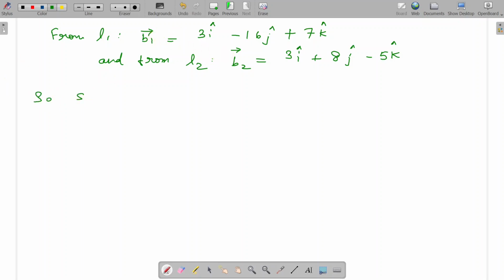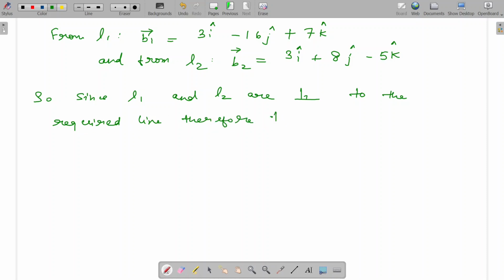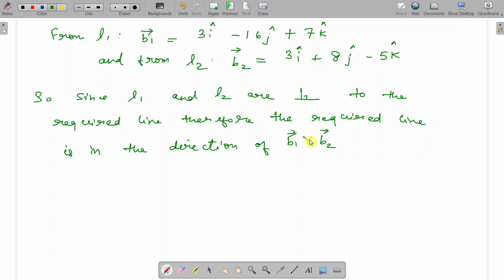So since L1 and L2 are perpendicular to the required line, therefore the required line is in the direction of B1 bar cross product B2 bar, okay.